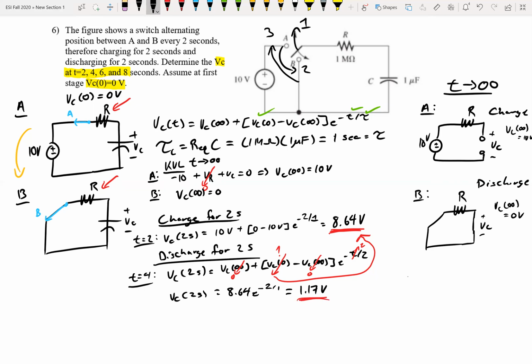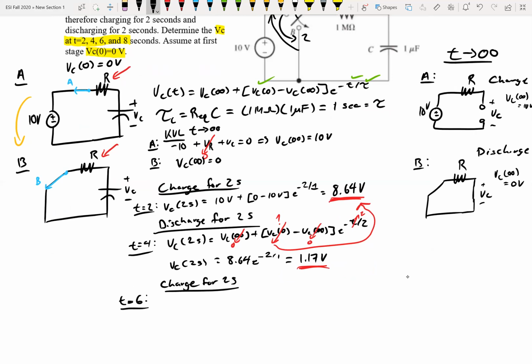Okay. And then if we charge again, so now we're going to go back and start charging again. Charge for 2 seconds. t is equal to 6. Then we will get VC. We're going to charge for 2 seconds. Then now VC infinity plus VC initial minus VC infinity e to the minus t over tau.